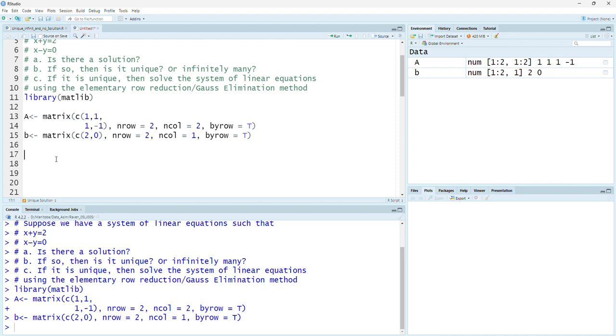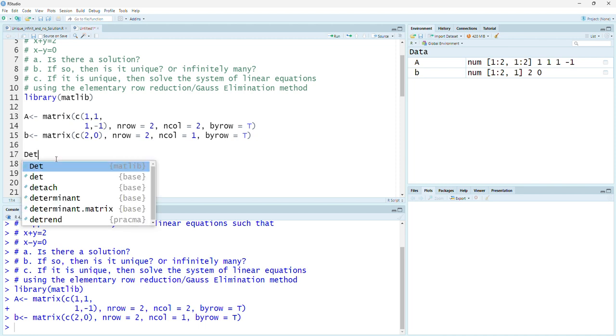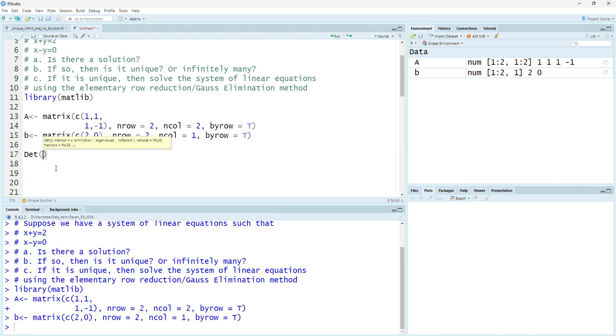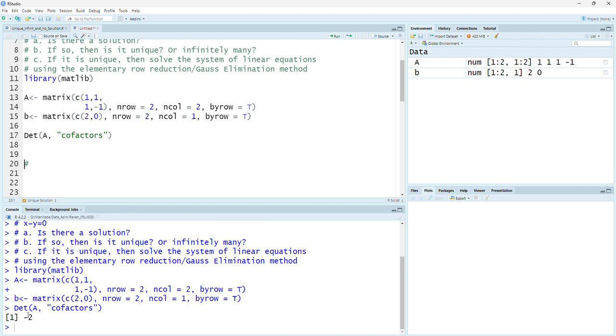So let's find the determinant of A using the cofactors. Once I run this, you will see that the determinant is -2. It means there is a solution and that solution will be a unique solution.